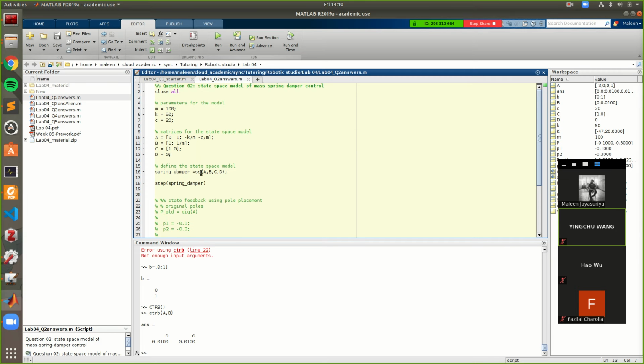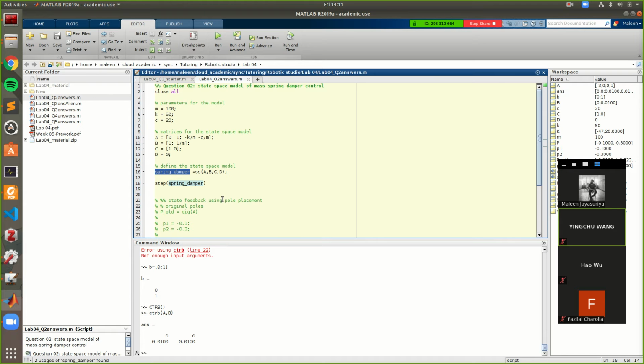So when you're defining using this function in MATLAB state space, you need to put D equals 0 also, because that's how it works. So you define the matrices, and you use this function called SS. That's state space, and all you have to do is input these A, B, C, D values, and it'll give you your state space model.